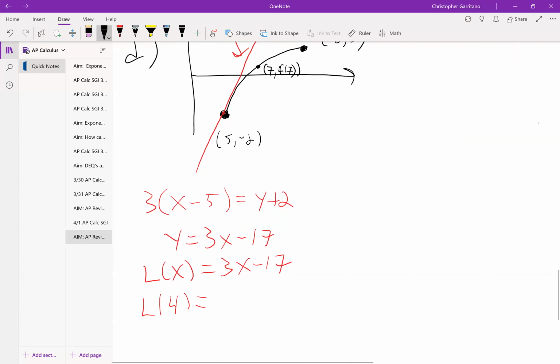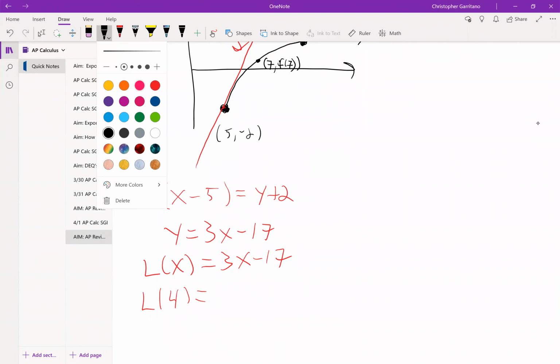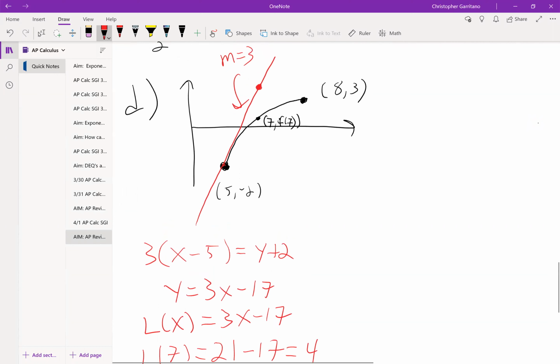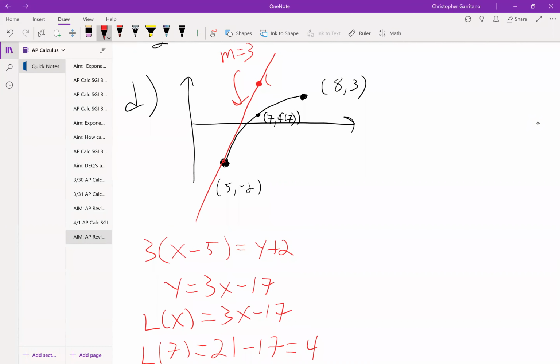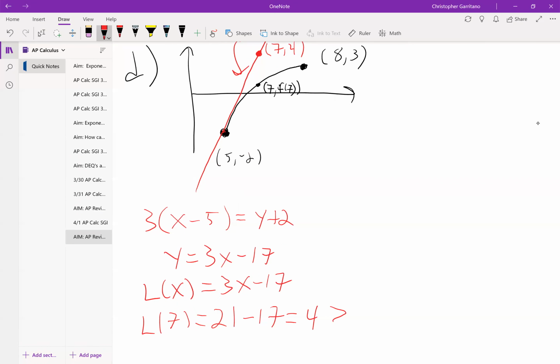So anyway, when I take my linear approximation and evaluate it at 7, I get 21 minus 17, which is equal to 4. So this is the point (7, 4), and therefore 4 is greater than f of 7.